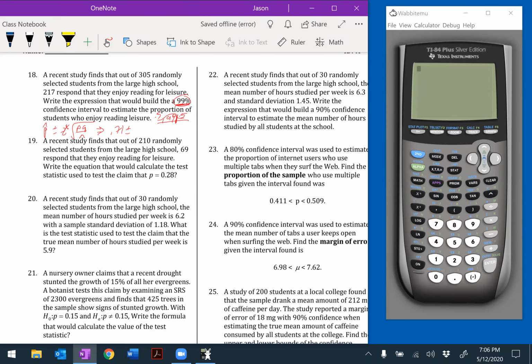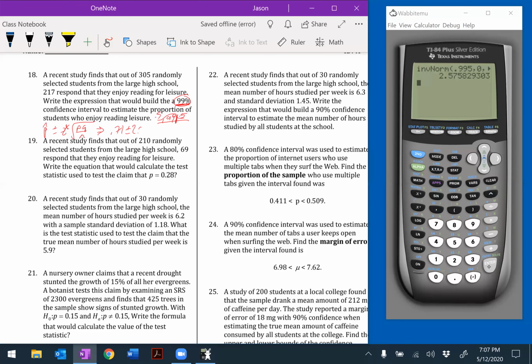I would go to second vars, inverse norm, and I want to know what is this going to be up to 99.5%, or 0.995. That'll give me about 2.575 or 2.58.